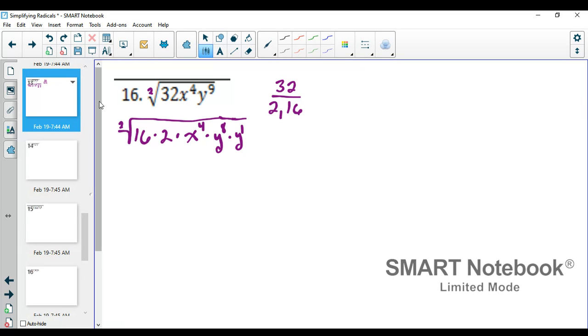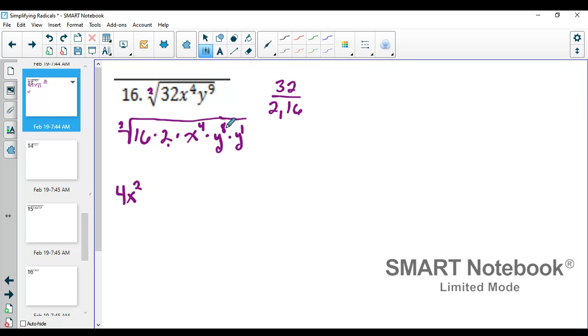And now we're just going to work our way left to right and simplify this. So the square root of 16 is 4. So 4 is what's left out here. So we're done with the 16. We'll deal with the 2 in a minute. And then when you get to the variables, what you do is you take the exponent and divide it by the index. So x to the 4th, you do 4 divided by 2, which is 2, so it's x squared out here.